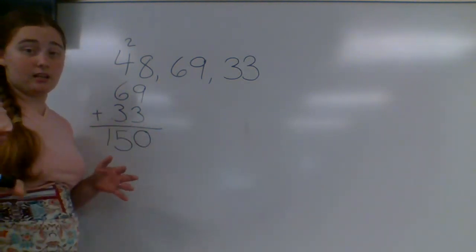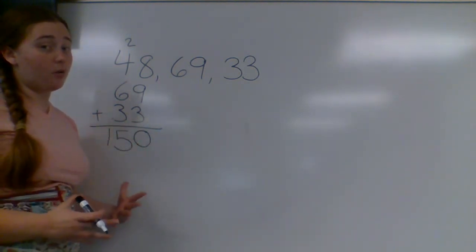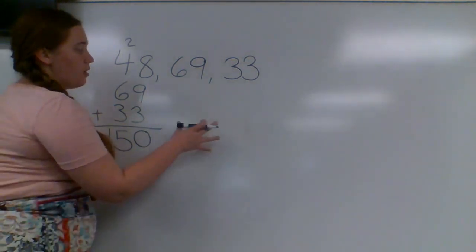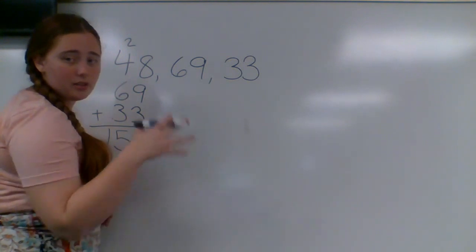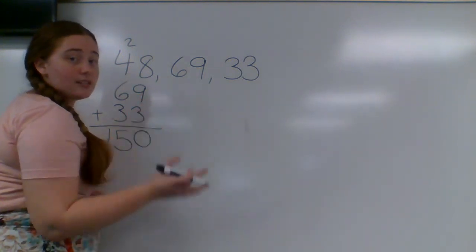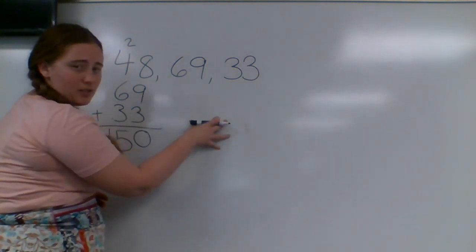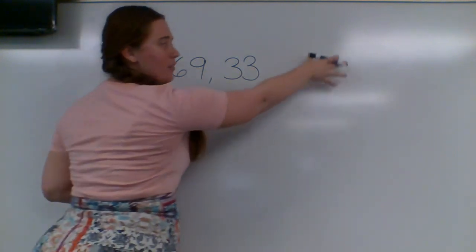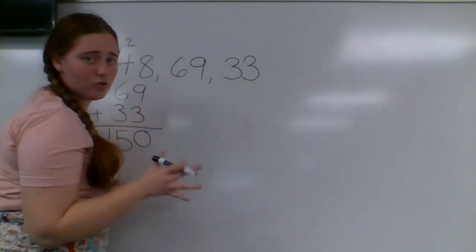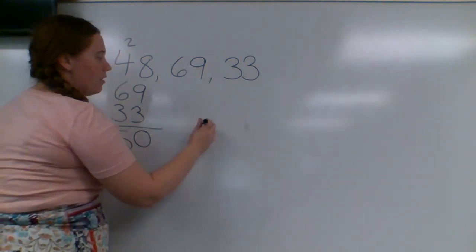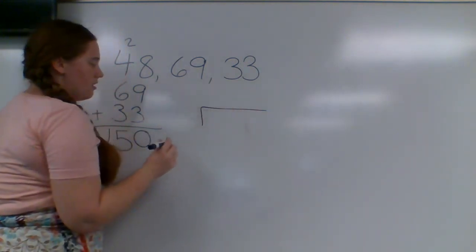Now, they do not write anything else in the book for us, but we know that we need to divide. So right here or over here, wherever you have room for it, wherever you think you could fit it best, write a division sign. I think I would fit it best right here, but in the book it looks like they have a lot of extra room over here. So if you want to write it over there where you have a lot of extra room, that might be good. So we have this division.